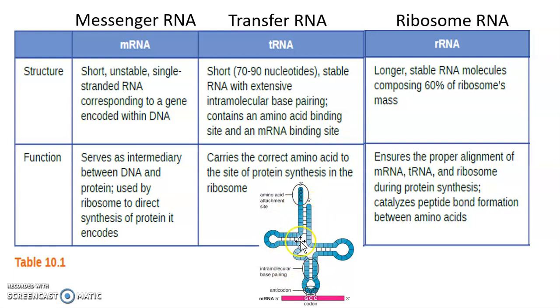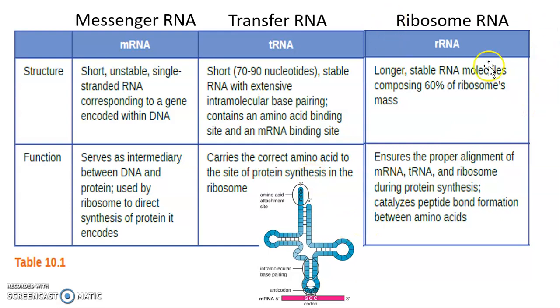And so you can see they make hydrogen bonds between complementary sequences within that molecule right there. The reason for your tRNA, or transfer RNA, is on the 3' hydroxyl end of this thing. That's where you're actually going to get your amino acid, and I'll show you a picture of that in a second.